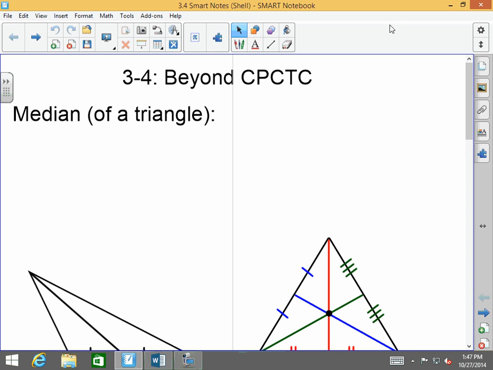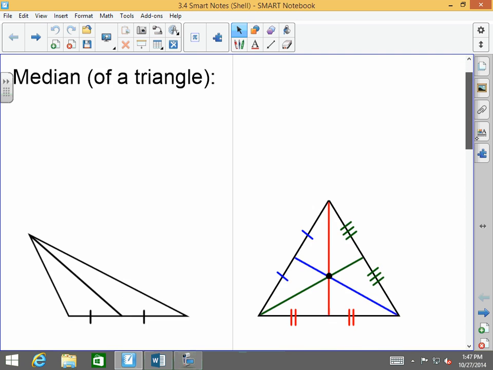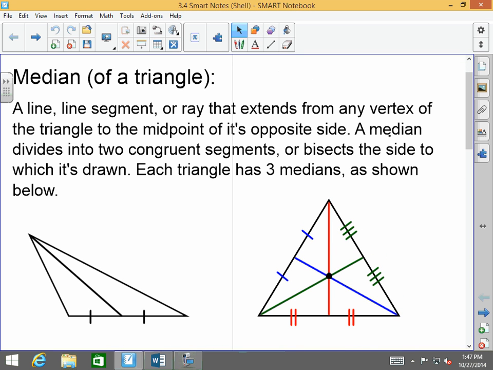And the first one is a median. What is a median of a triangle? Well, a median is a line segment, or ray that extends from any vertex of the triangle to the midpoint of its opposite side.